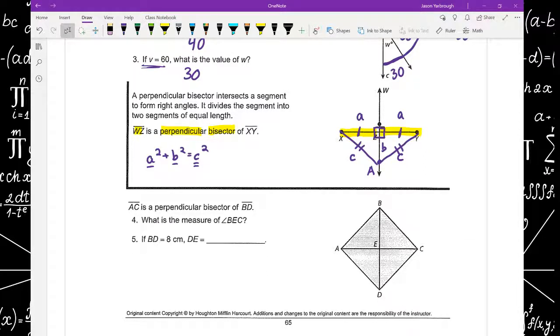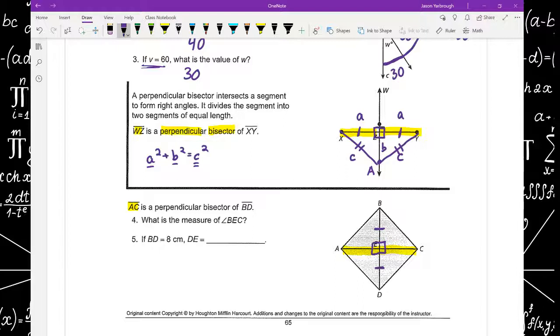So it says AC is the perpendicular bisector of BD. So AC is the one doing the bisecting. AC is this line here. What it does is it cuts BD in half. So this section's the same as this section, and all of these are 90 degrees. It wants to first know what's the measure of angle BEC.